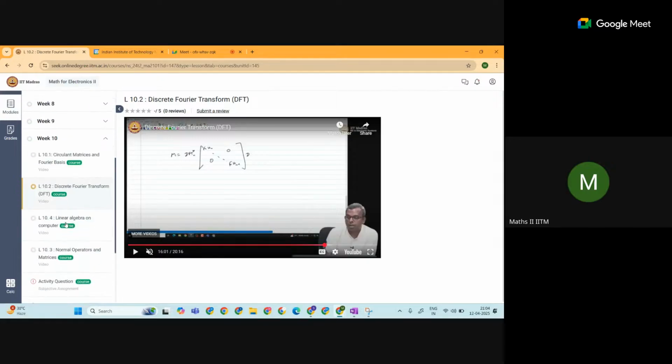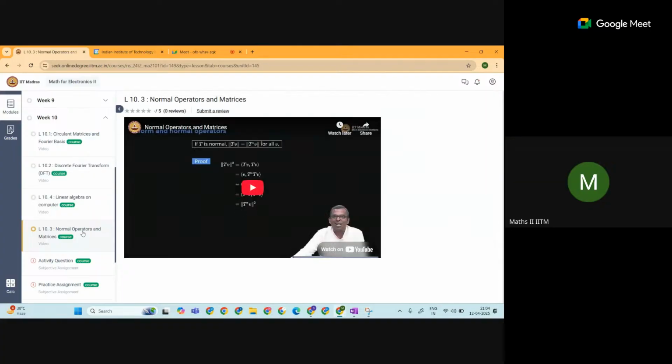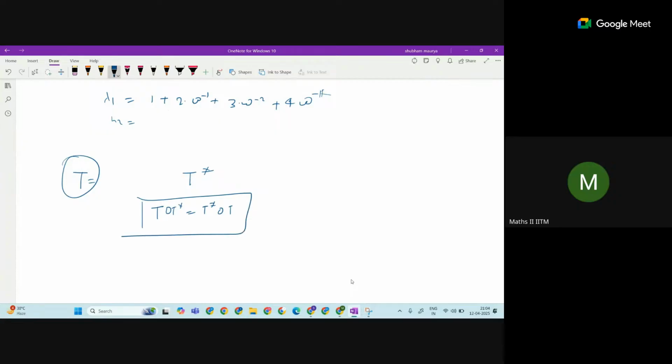Okay. Now, the normal operators. What is a normal operator? If you are given a T and somebody asks whether this operator is normal or not, first find T star, which is the adjoint of it, and take the composition T star T. If T and T star commute with respect to this composition, then your operator is a normal operator.